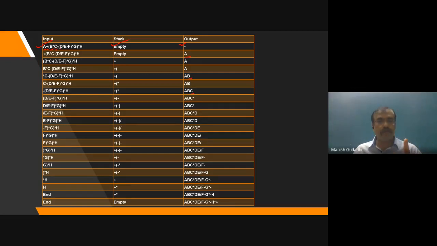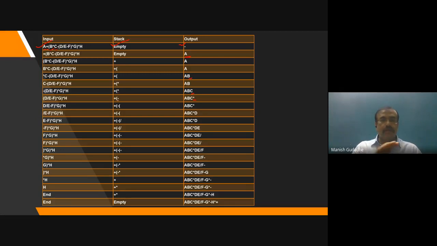The top of stack operator is multiplication, which has higher precedence than minus. So it will be taken out and placed in the output string, and the minus symbol will be pushed on the stack.